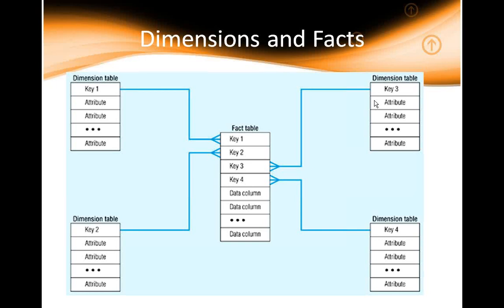And for every store there will be a store ID, that we consider key 3. So these keys are nothing but the primary keys of the dimension tables. In data warehouse terminology, we call that a surrogate key.